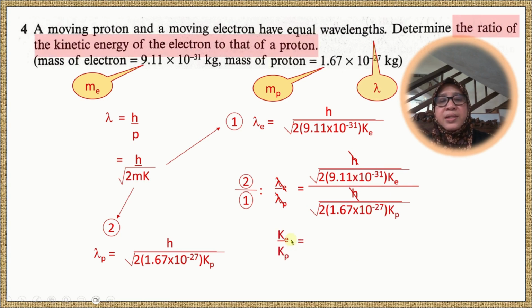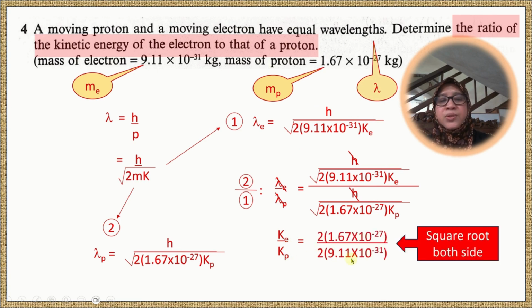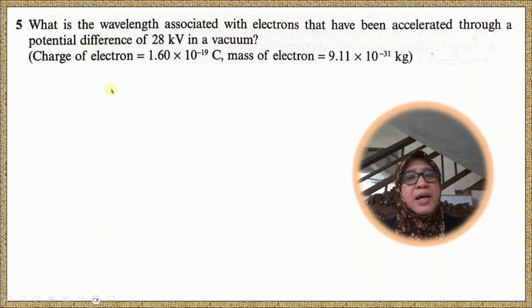So we get the kinetic energy of the electron to the proton equals to, and we square both sides because here we have a square root. Squaring both sides, we get the answer 1833, and the ratio of the kinetic energy of the electron to the proton is 1833.